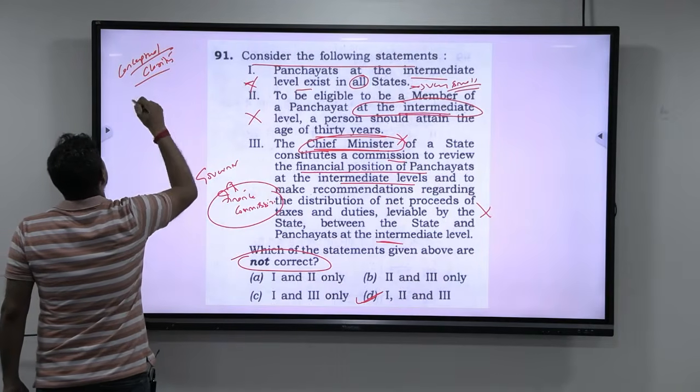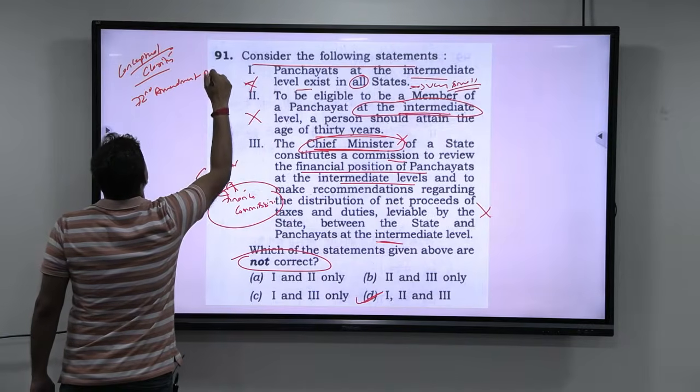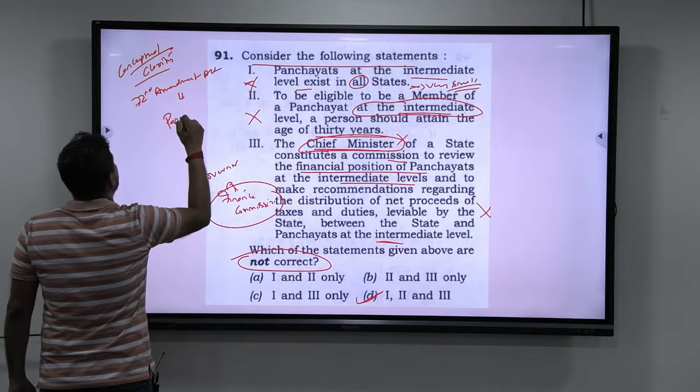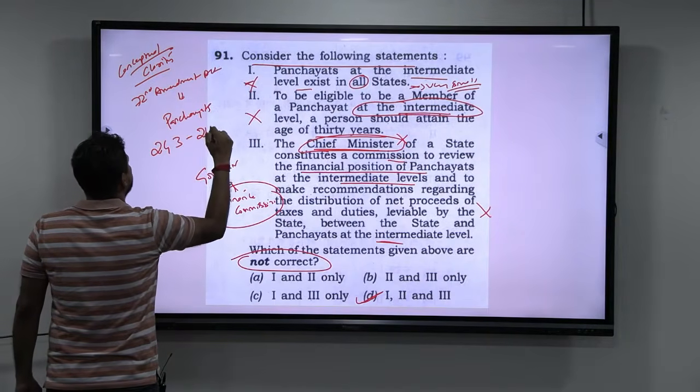So you have the 72nd Amendment Act that created what we call the panchayats. The panchayats run from Article 243 to 243O.